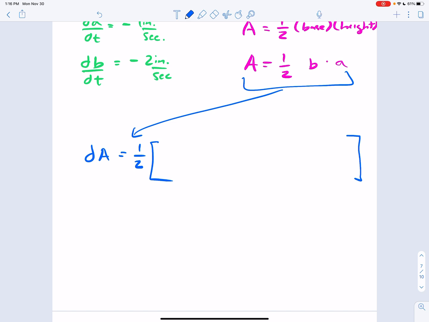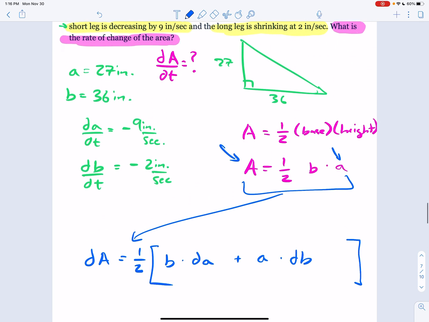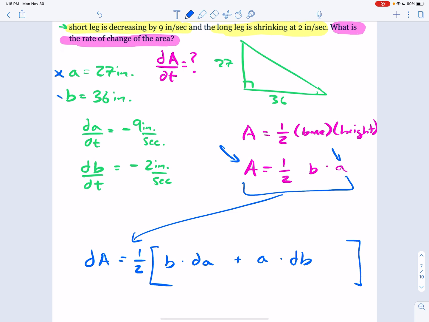B times A is a product, so I have to apply the product rule. So that's going to be the first times the differential of the second plus the second times differential of the first. It gets a little weird because there's an uppercase A and a lowercase a. If that's confusing, I would encourage you to probably use X and Y instead, but it really doesn't matter.